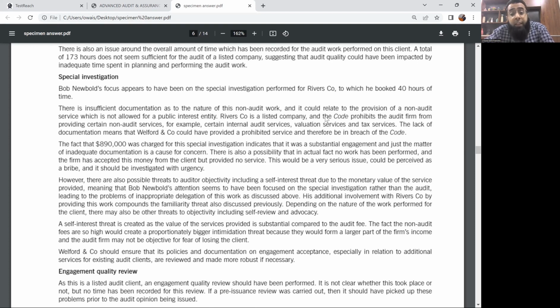Reverse company is a listed company and the code prohibits the audit firm from providing non-audit services. Then he referred the fees. Then he referred the risk of self-interest. So the examiner answer is very much detailed. Again, the examiner answer can give you good guidance on how you have to include the points, but don't exactly copy the examiner answer.